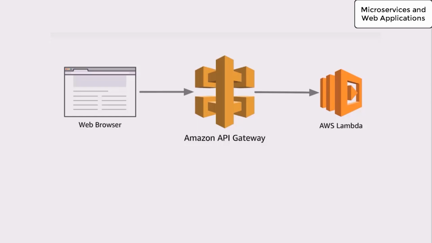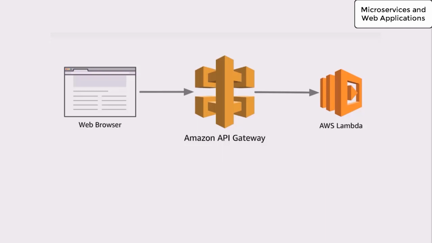Whatever the request call, REST API call or SOAP API call, or WebSocket call, will first hit the Amazon API Gateway. The API Gateway can work as a load balancer, it can work as a filter, it can work as a security firewall for your web application.